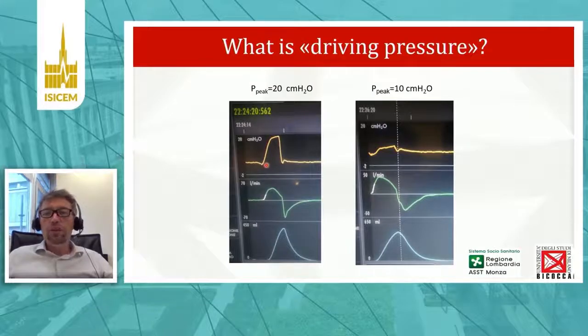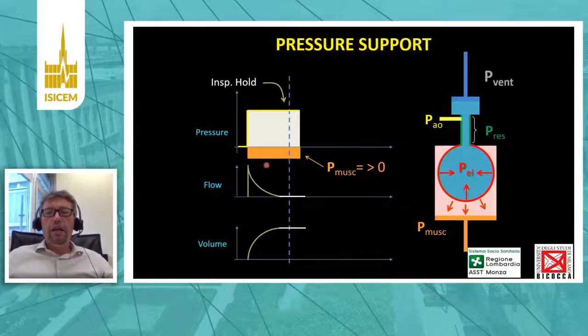And so we reasoned that we could unveil this. Well, of course, we can use esophageal pressure, but we can even unveil the pressure which the patient is generating, which is present during the inspiration, if, once the patient relaxes, we let this pressure come back to the ventilator.